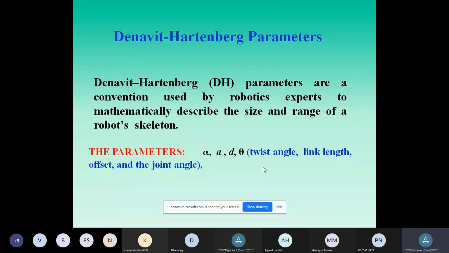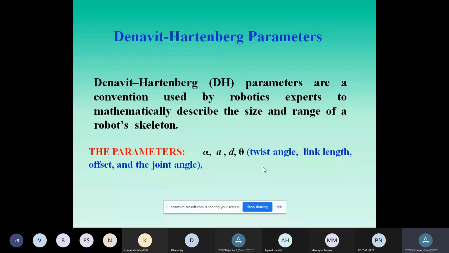That is described by some parameters, called DH parameters. DH parameters are a convention used by robotics experts to mathematically express the size and shape of the robot's skeleton, the robot structure. If a DH parameter table is given, then you can say which type of robot it is, knowing the DH table of any manipulator.